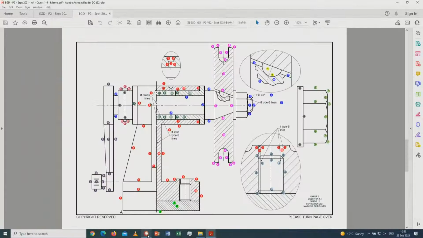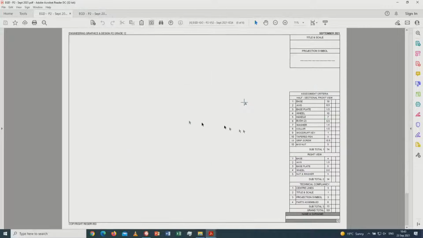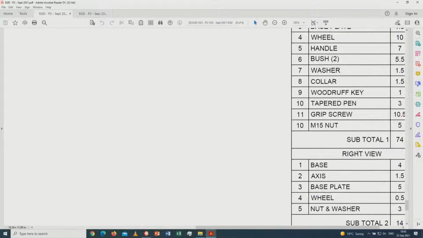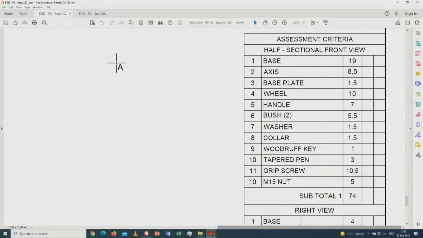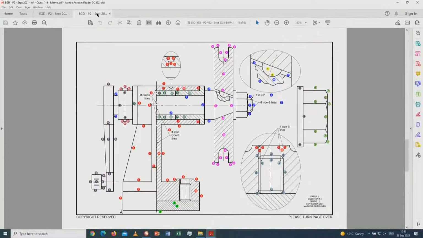Okay, so if we go back to the memo, first option on my assessment criteria that I have got over here is, of course, number 1 must be the base, and that is counting 19 marks. For the base, 1 hatching, 2, 3 for the arc, 4 for the solid line, 5 for the arc, 6 for the solid line, 7, 8, 9, 10 for the solid line, 11, 12, 13, hatching 14.